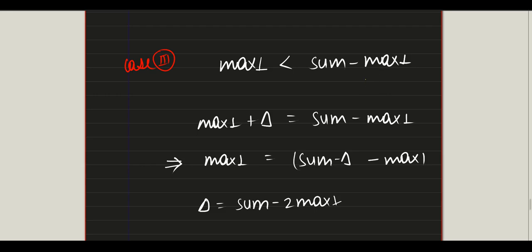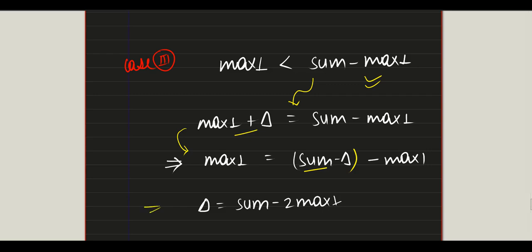Now let's see the last case where max 1 is less than the sum of the rest of the elements. To get equality in this equation, we have to add some delta component on the left hand side, and if we reshuffle its terms, you will get this equation. And here you can see we are actually deleting some delta value from this sum, which is equivalent to deleting some element from our original array. And what kind of element do we want to delete from our original array?